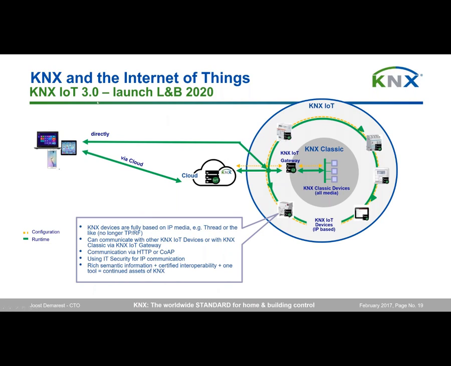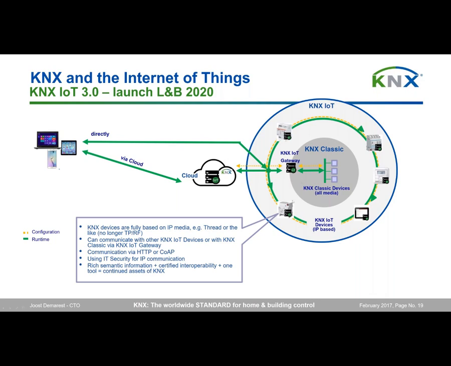In KNX IoT 3.0, which we want to launch in 2020, we want to also be able to have KNX devices that are fully based on IP media, like Thread or others, next to the possibility, of course, to continue to create KNX products based on twisted pair and radio frequency.